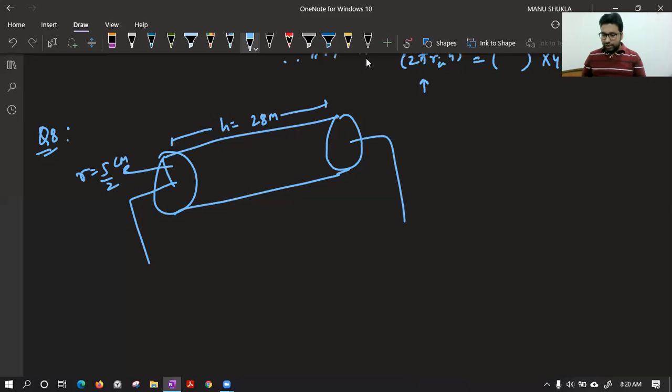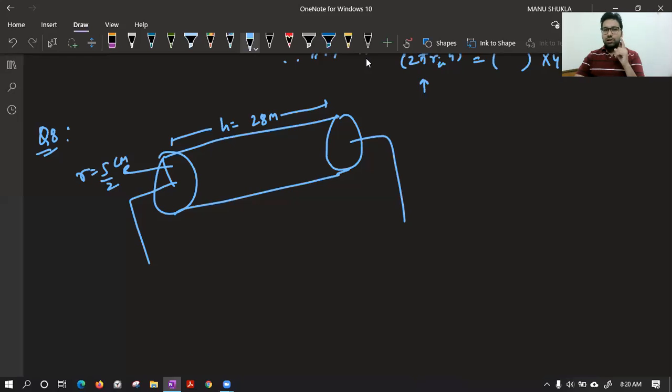Now class, they are asking to find the total radiating surface in the system. What do you mean by that? What do we need to find in this one? The total radiating surface. Please tell. Okay, it looks to me also that we have to find the curved surface area only. Just try to understand the first thing.